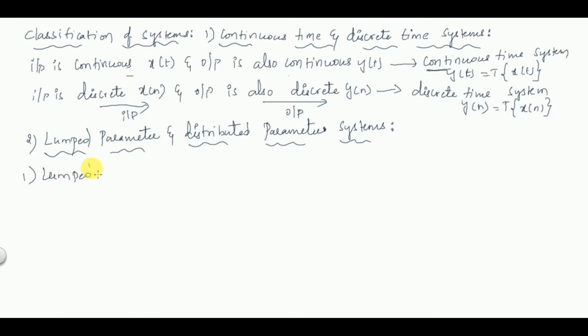So in lumped parameter systems, we'll discuss around points. In lumped parameter systems, every component is lumped at one point in space.